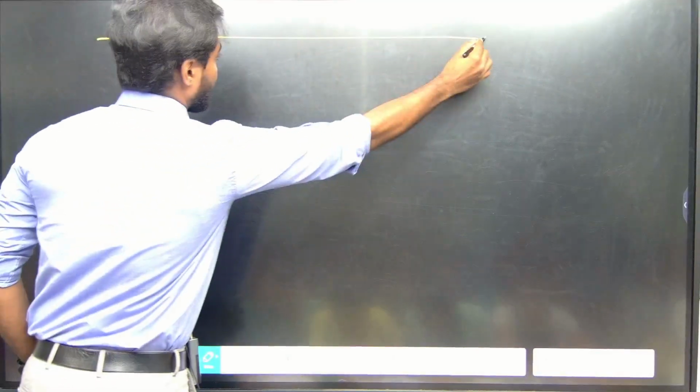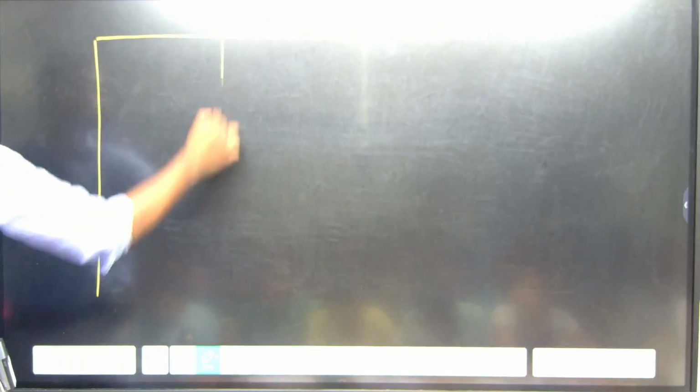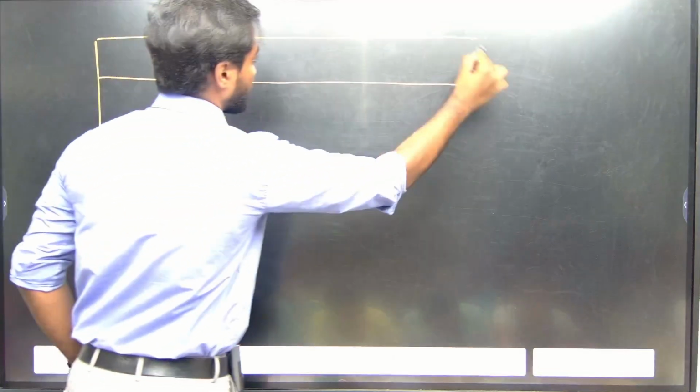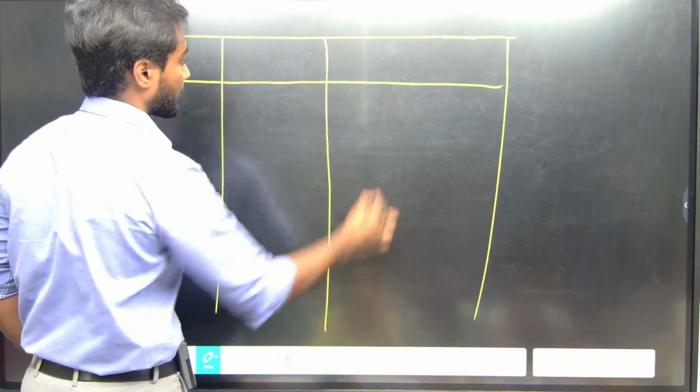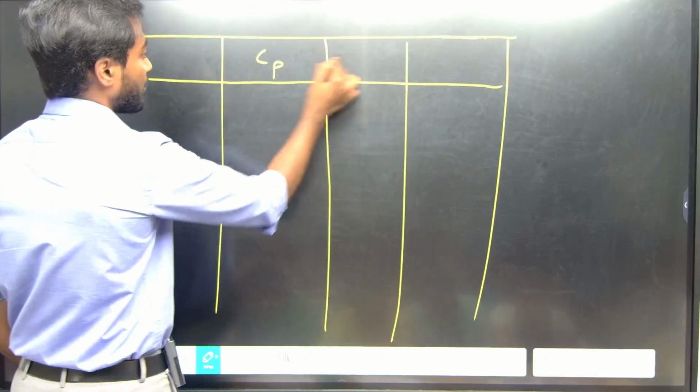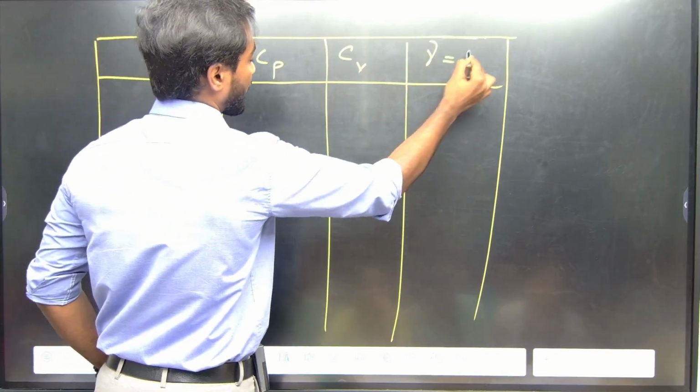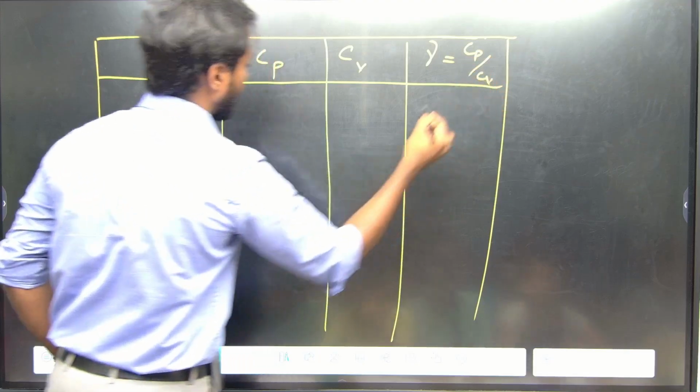Now draw a tabular column with Cp, Cv and gamma. What is gamma? Cp by Cv.